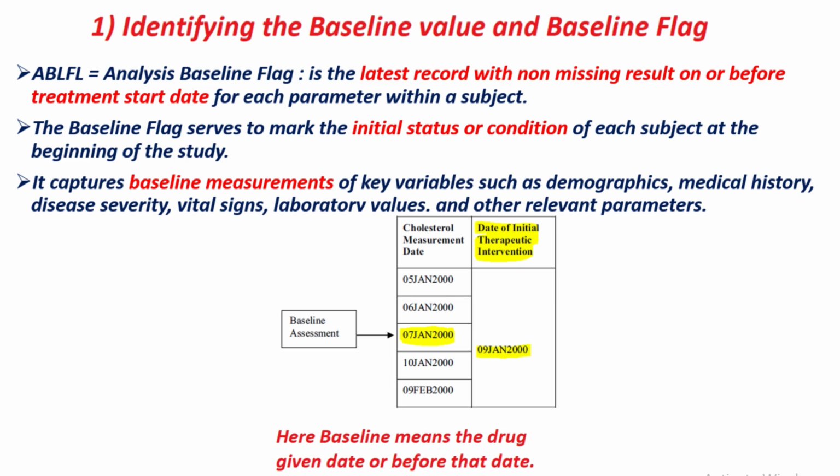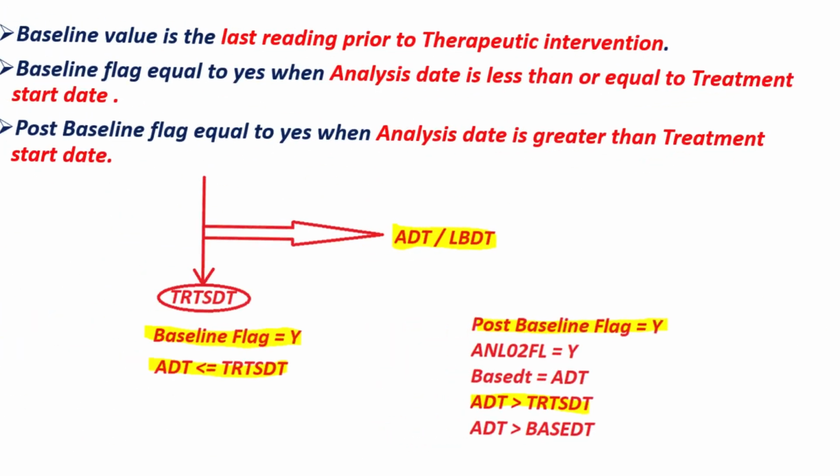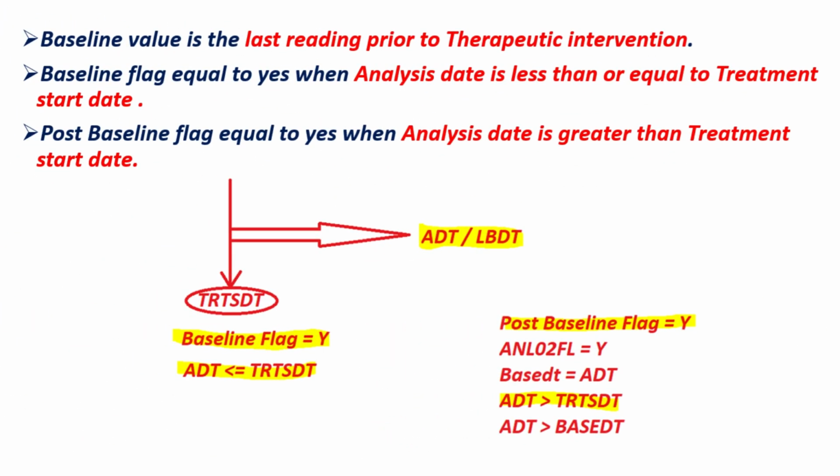Here baseline means the drug given date, or before that date. Here in the diagram the drug given date is 9th January. Cholesterol measurement was not taken on the same date, so the prior date, 7th January, is taken as the baseline date for baseline value.